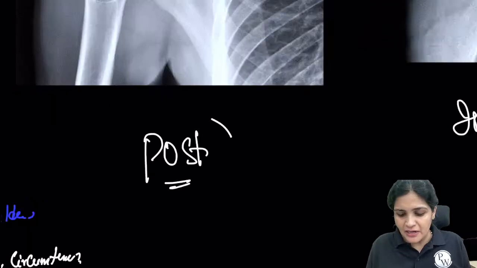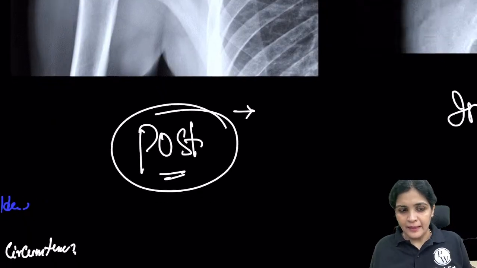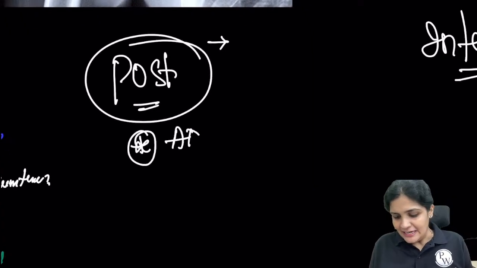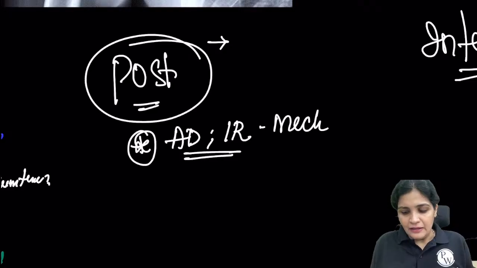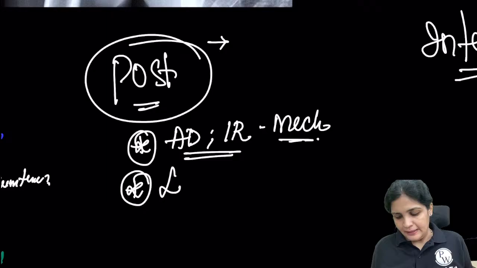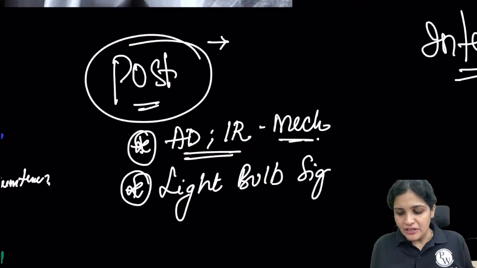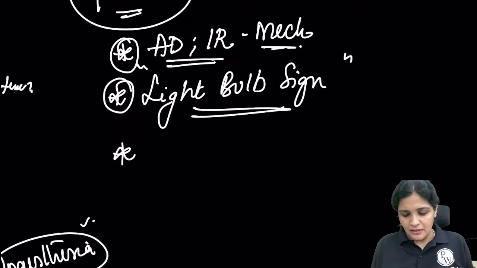Now coming to posterior, what is the most important thing? Adduction and internal rotation is the mechanism. Very good. And then, what is the sign we see on the X-ray? Light bulb sign. Very good. And in which patients do we usually see this posterior dislocation?